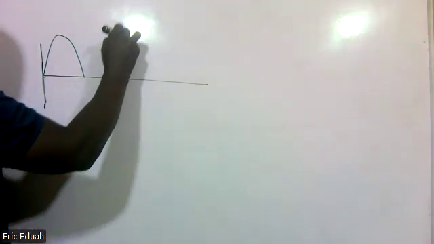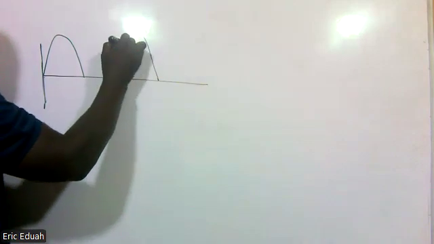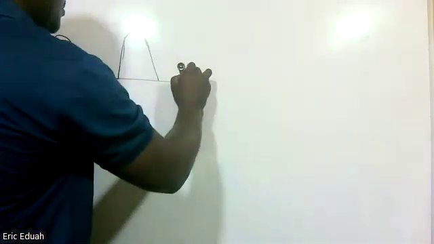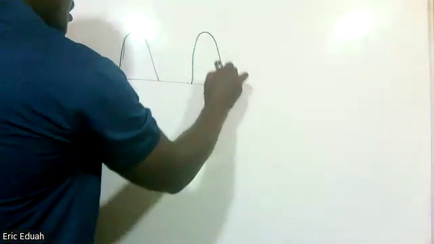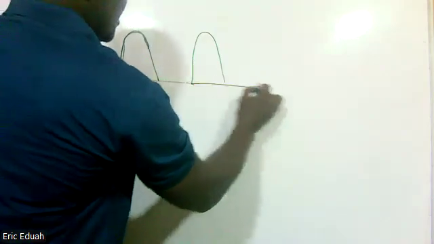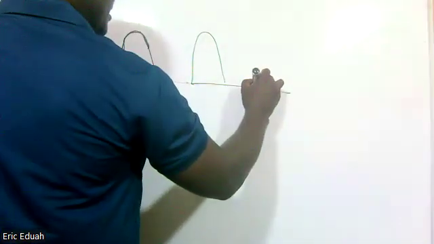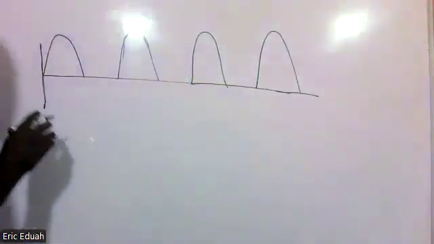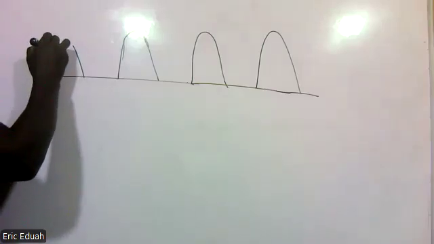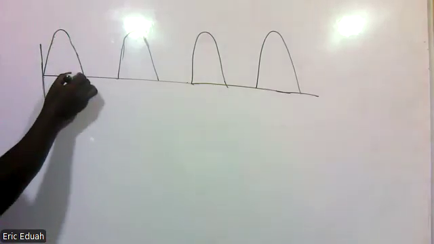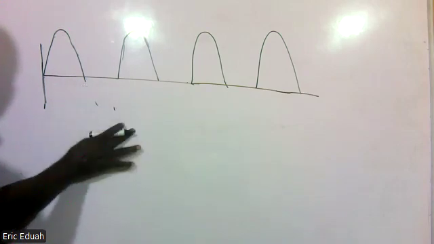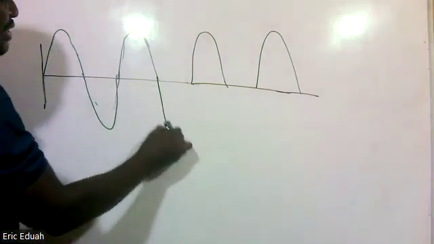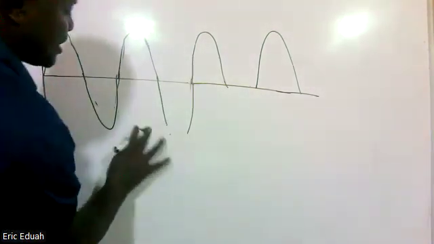This is another crest. This is another crest. Then the last. But the point is that whenever there is a crest, there must be a trough. So it's actually like this: trough, crest, trough. It should have the same amplitude.